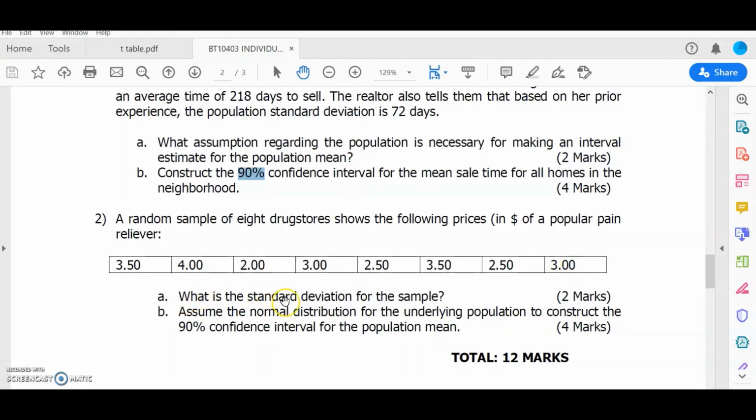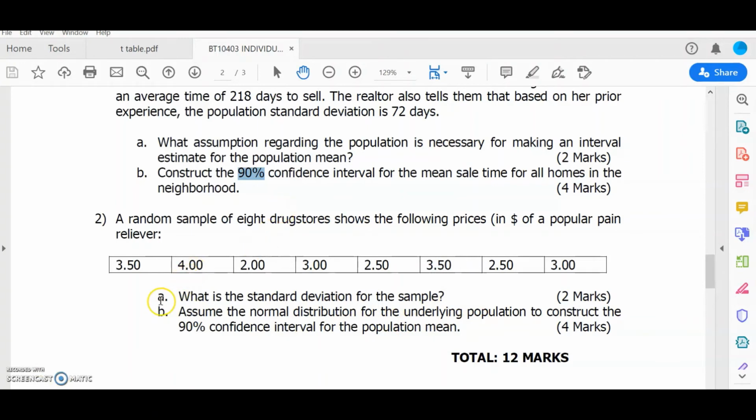A. What is the standard deviation for the sample? And B. Assume a normal distribution for the underlying population to construct the 90% confidence interval for the population mean.